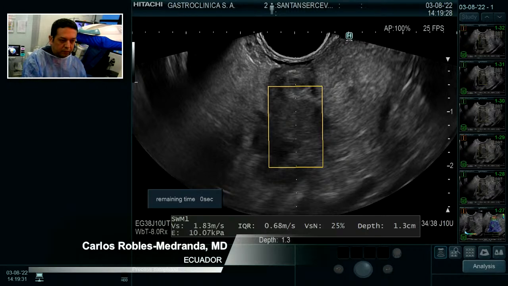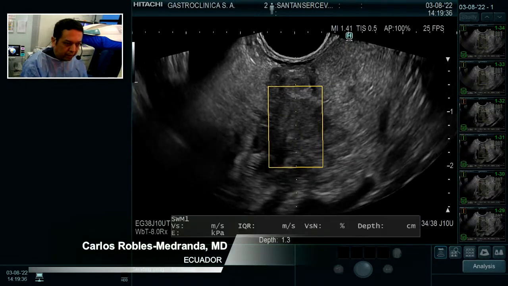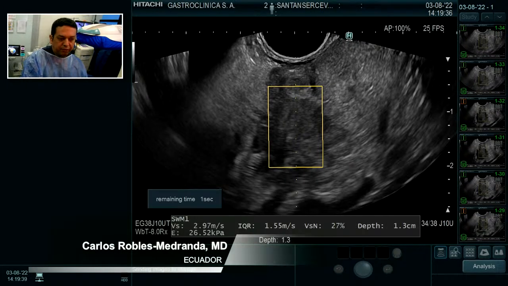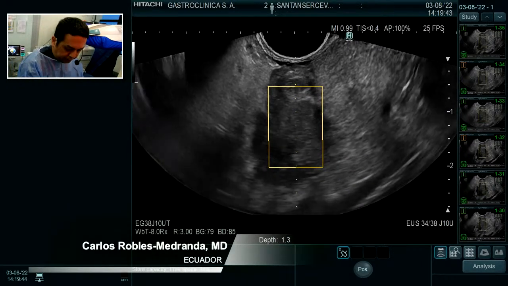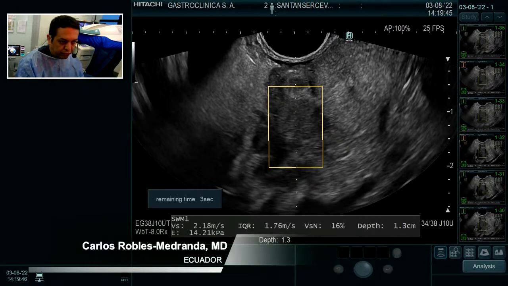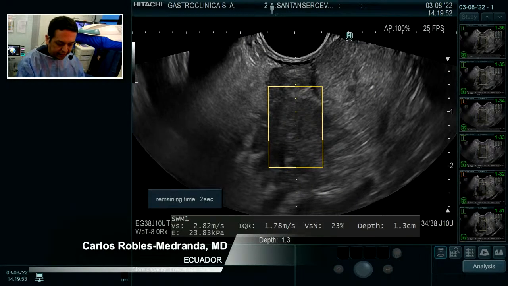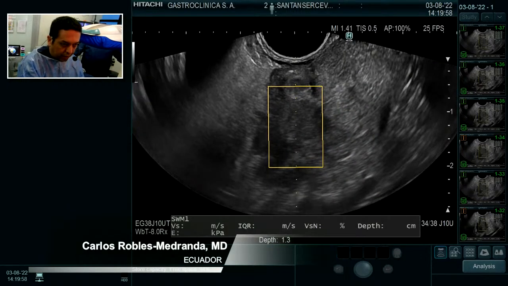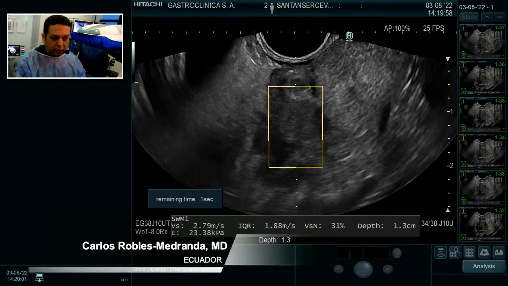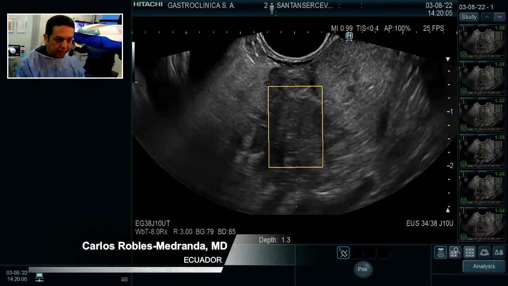What we do with this technology is to take 10 measures, in the same way that we do using FibroScan for hepatic disease. Then we have a mean of these 10 measures, as per the protocol developed in our institution, to have the mean elasticity of the tissue.